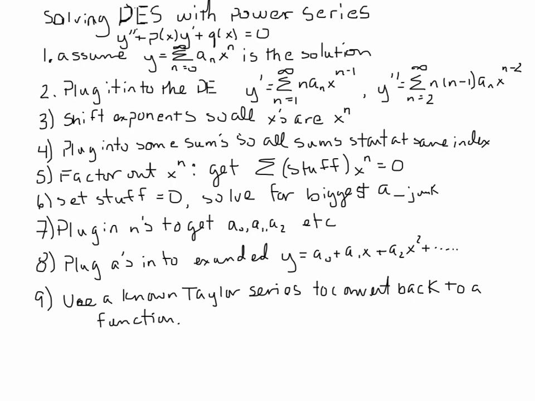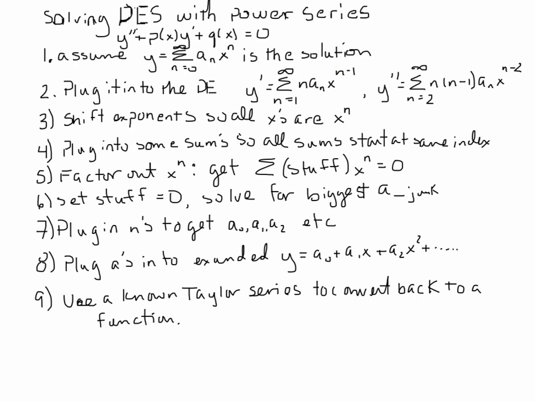Because the derivative of a constant, a naught, is 0, it shifts where that sum starts. So the second derivative, same thing, it shifts because that first one is a constant, becomes 0. The n minus 1 comes down in front, and then another 1 is subtracted from the exponent.